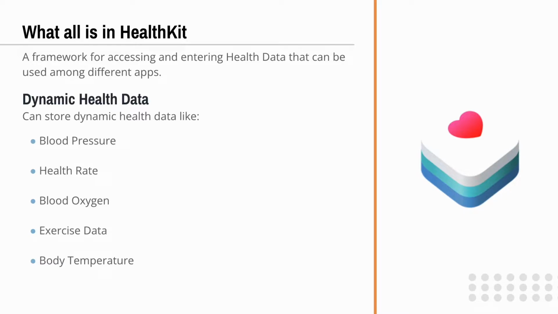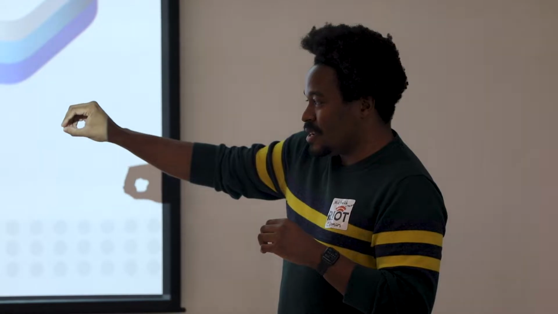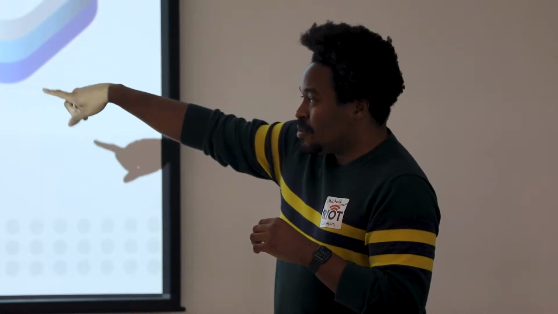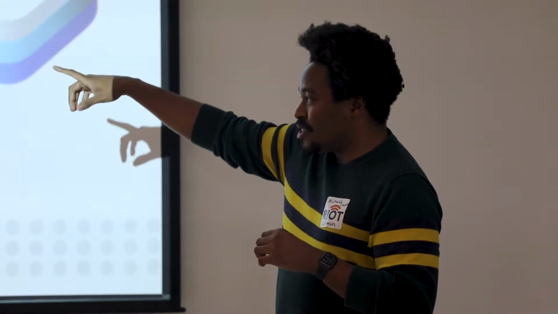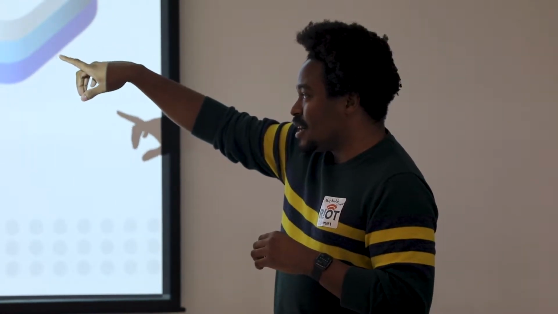So when I think about HealthKit, I think about how all of this stuff is together, as opposed to Google Fit, which is pretty much just going to be your fitness stuff. But this health data is very dynamic. Your exercise data couples in with blood oxygen, your heart rate, and your blood pressure.